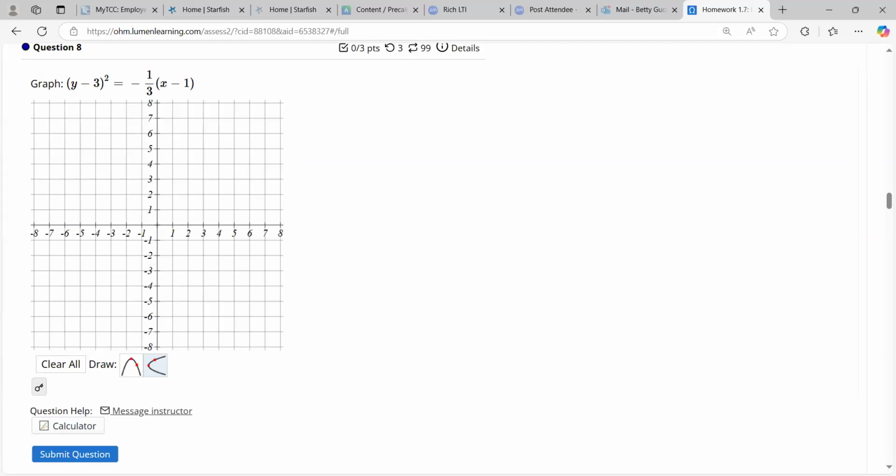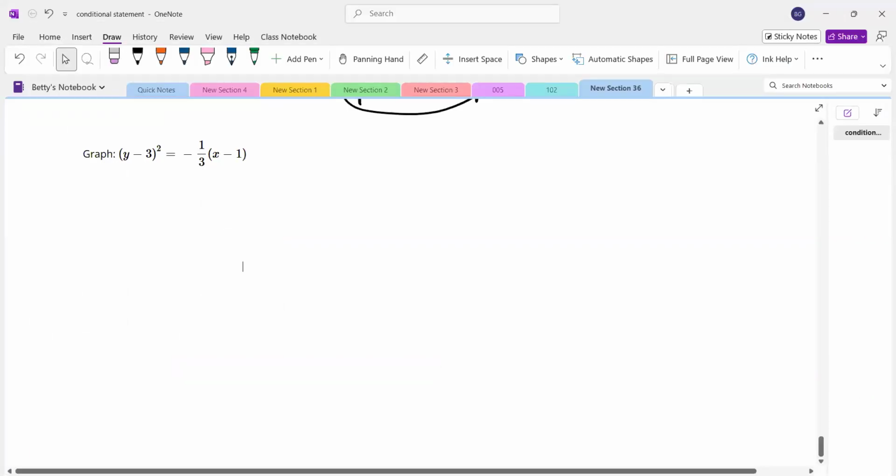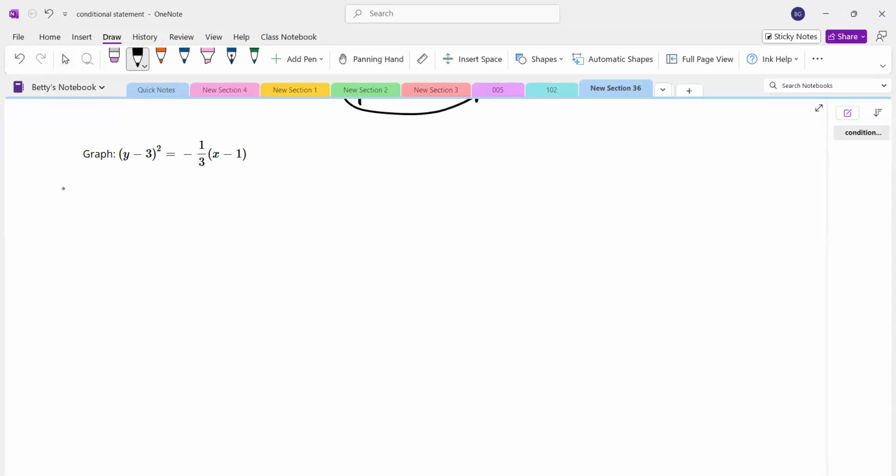Let me share my OneNote here. All right. This time I want to find the y-intercept. We understand what a y-intercept is, right? The y-intercept is the intersection of the graph with the vertical scale, the y-axis.